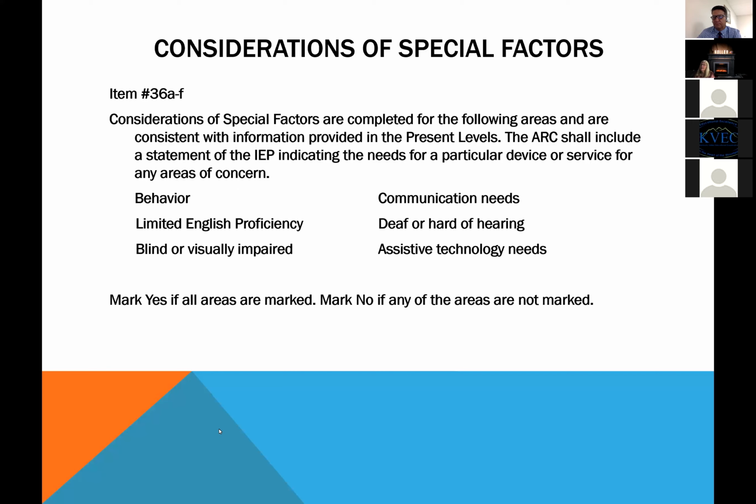We find people are still marking that box no. If it impedes his or her learning or that of others. So make sure that you're not going through there just checking the boxes off. Make sure you're focusing on that individual student, and that's who we're addressing.